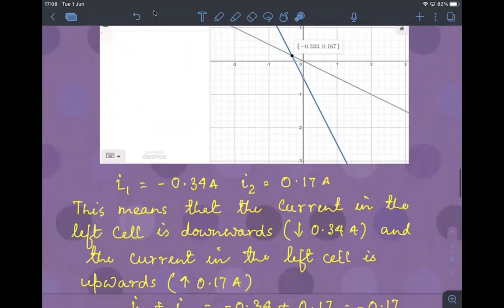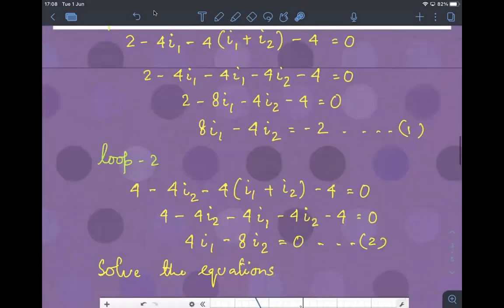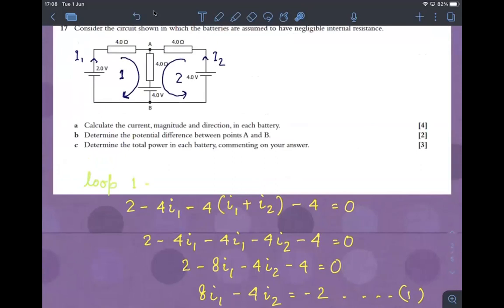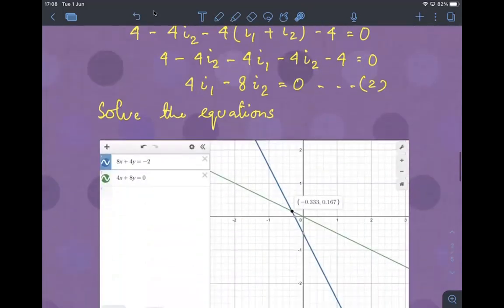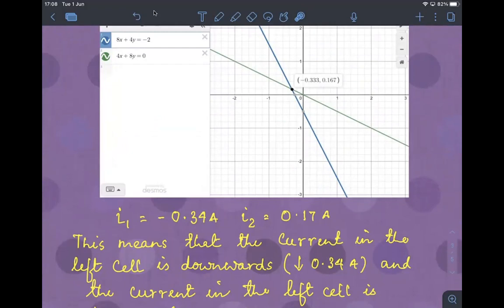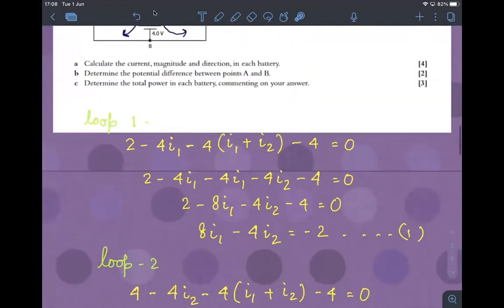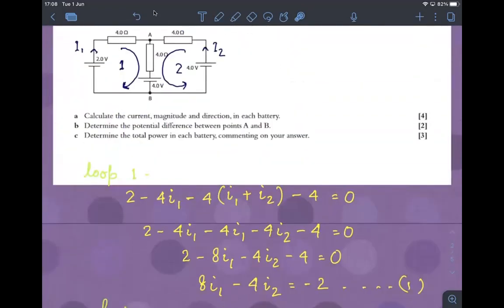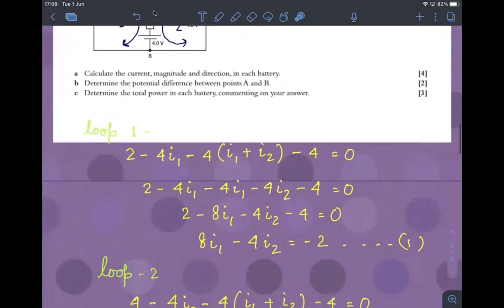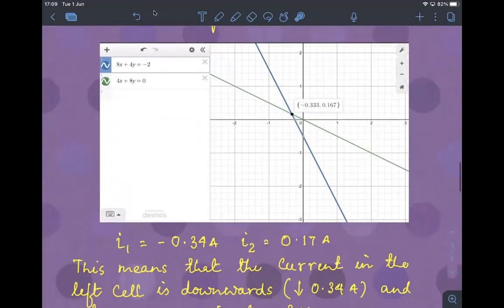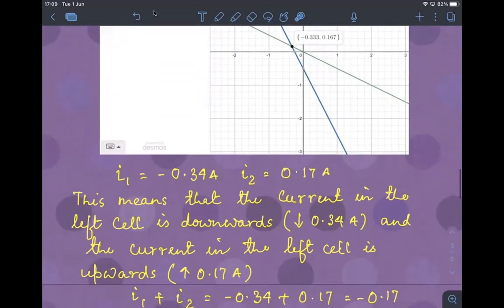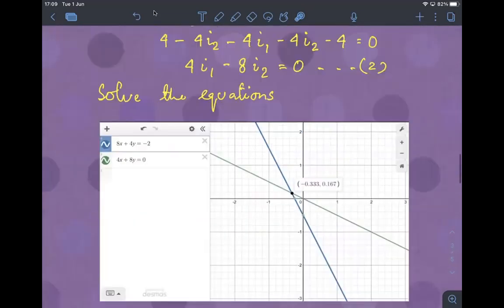Now here you see, we actually took the current in loop 1 as clockwise and the current in loop 2 as anti-clockwise. So if we are getting I1 as negative, that means the direction of the current is opposite to what we had assumed. We had assumed clockwise, but we are actually getting the current direction anti-clockwise. So this means that the current in the left cell, which one is the left cell?